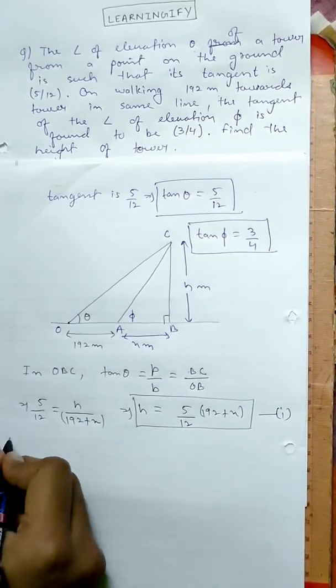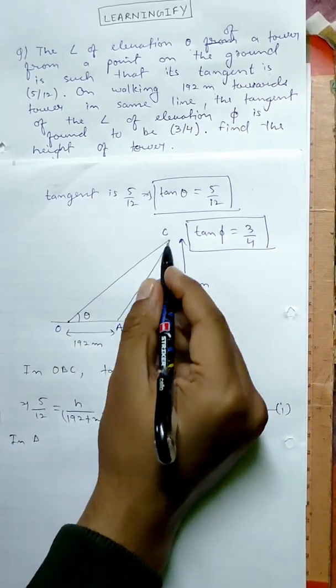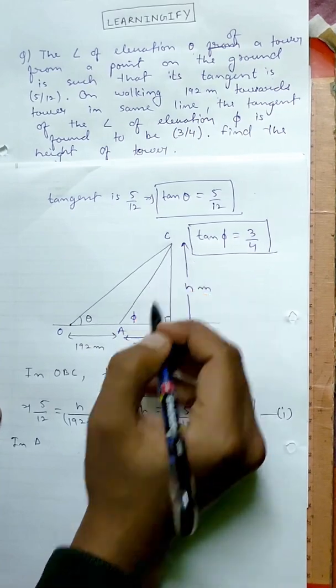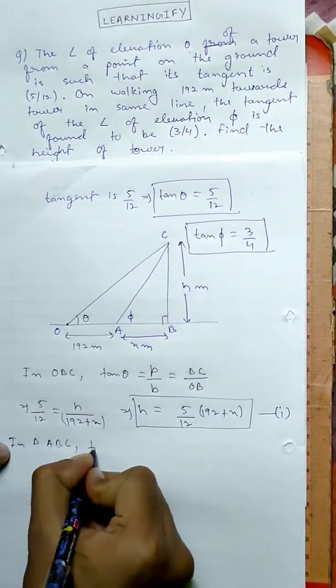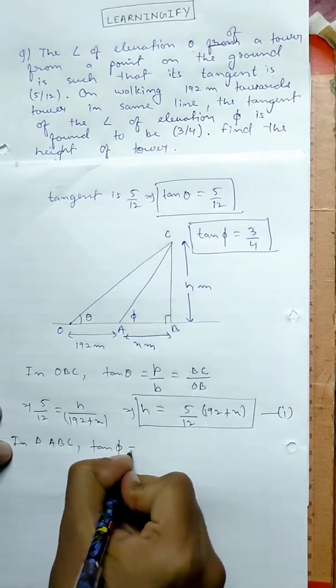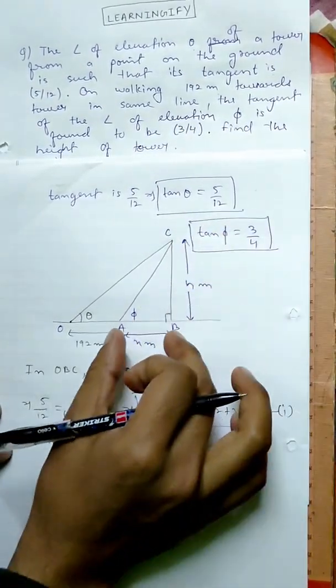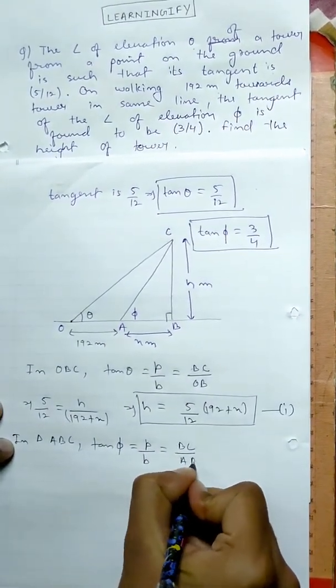Now let's have the second equation from the second triangle. In triangle ABC, not the other one because it doesn't have a right angle. In triangle ABC, tan phi, again perpendicular by base, perpendicular BC, base AB, BC by AB.